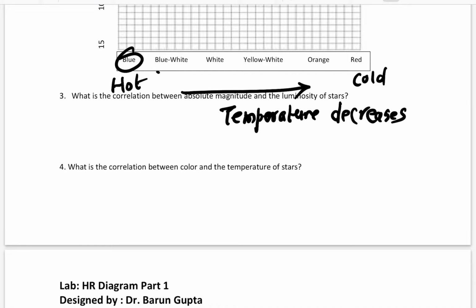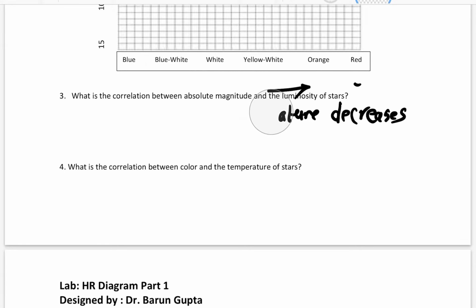Along this way, if I compare orange and red, then orange is hotter than red. But if I compare blue and orange, then blue is hotter than orange. So the color of the stars tells you the temperature. How does it tell you? You have to watch my other videos.